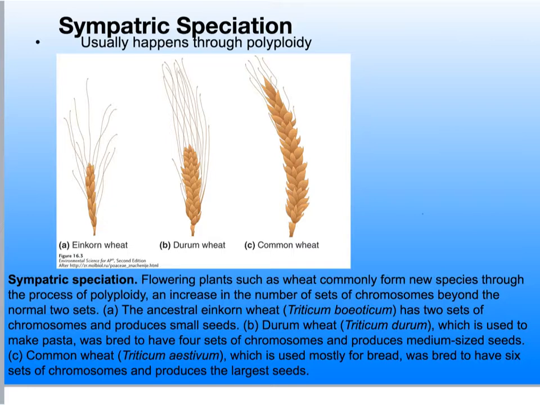Wheat used to be a tiny little seed plant, and over time breeding these to become polyploid, producing more and more sets of chromosomes, we now have common wheat, which is much bigger. I think this type of wheat has six or more sets of chromosomes, and so they're producing really large seed pods. And with larger seed pods, larger tissue, that equals more food.